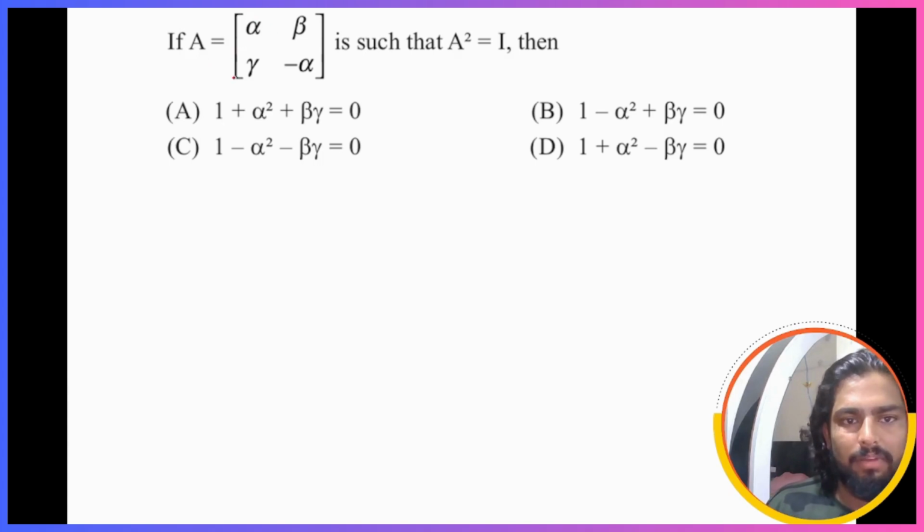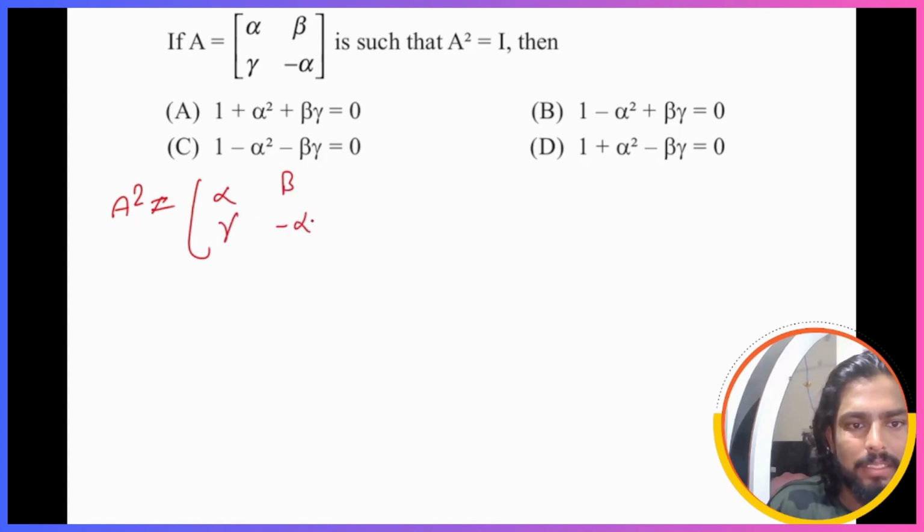A is equal to [alpha, beta; gamma, minus alpha], such that A square is equal to I, and they're asking us to find the equation. Okay, let's do that. So first find out A square. A square is equal to [alpha, beta; gamma, minus alpha] into [alpha, beta; gamma, minus alpha].